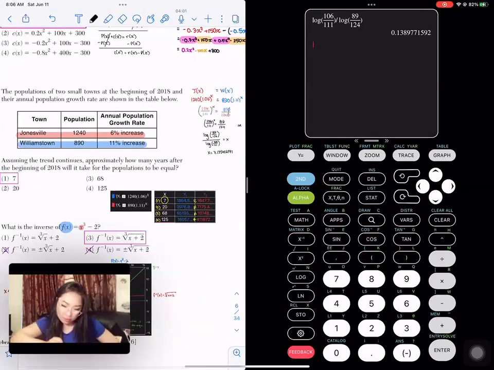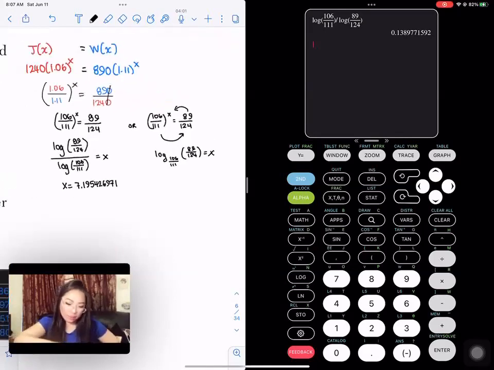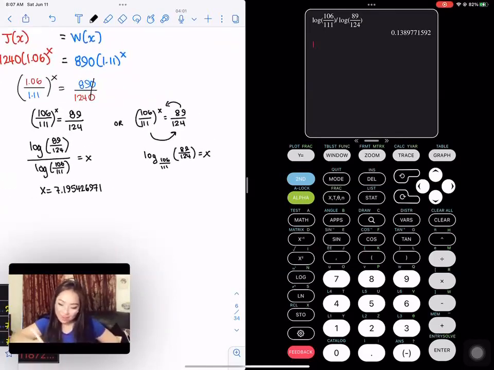It should be 7. I did mess up, but why did I mess up? Oh, I did mess up. Okay, I was supposed to switch it. It is very early on a Saturday morning. Alpha x, this is 89 divided by 124 divided by log alpha x 106 divided by 111 and then close it. Yeah, so it's 7.19.